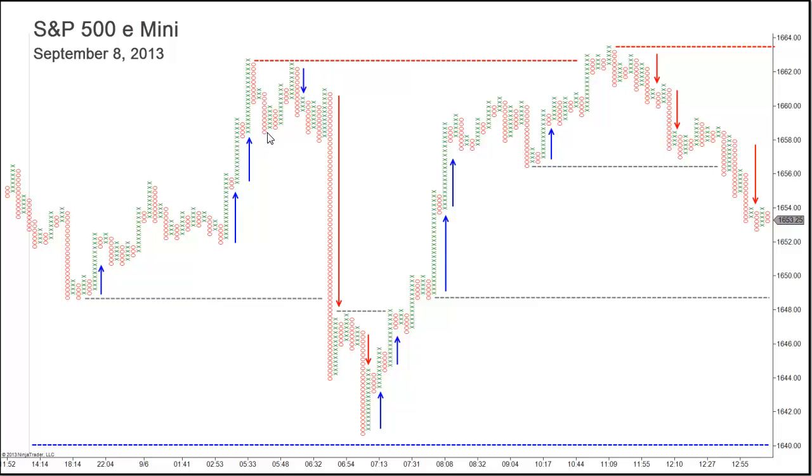Here's the activity we see during the overnight session and at Friday's open. When the jobs number first came out, the market retested the high. Then, during the minor pullback to 1658, the selling pressure increased and the S&P sold off exponentially, trading below the prior day's low, trading down at or near 1640.